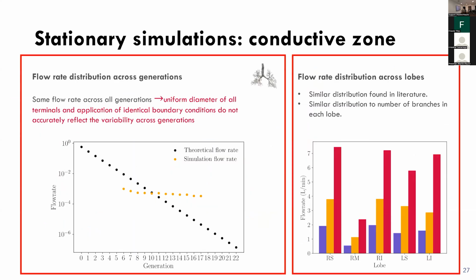But again, the uniform diameter of all terminals and application of identical boundary conditions, which I mentioned before needs to be improved, don't accurately reflect the variability across generations as was needed.